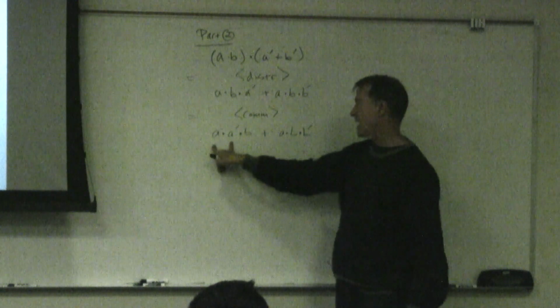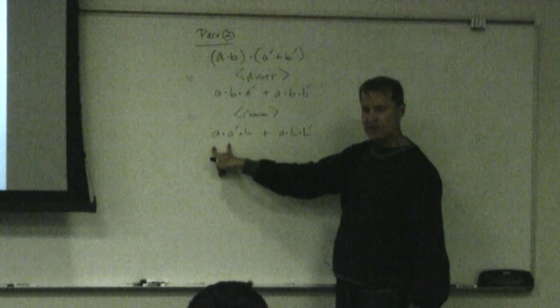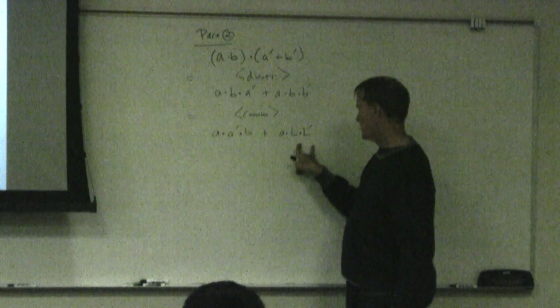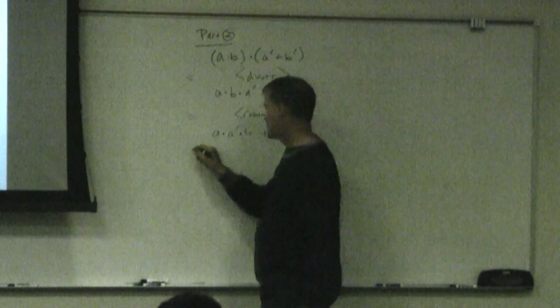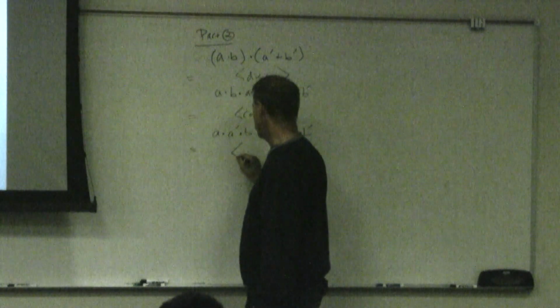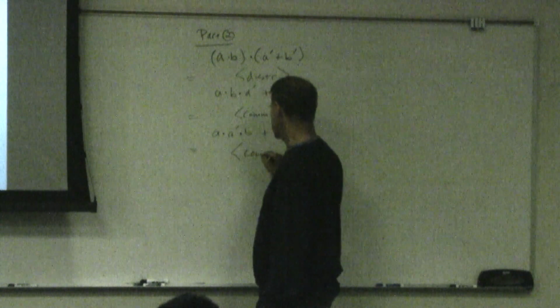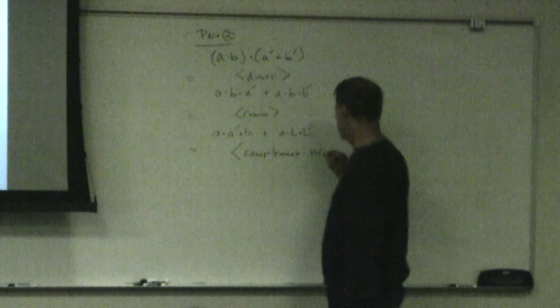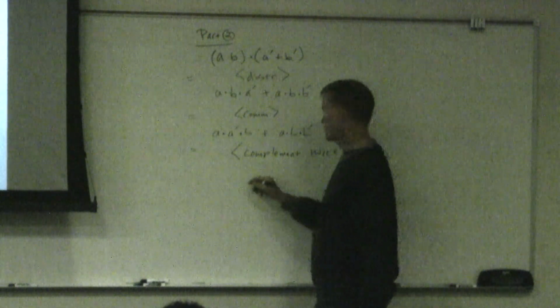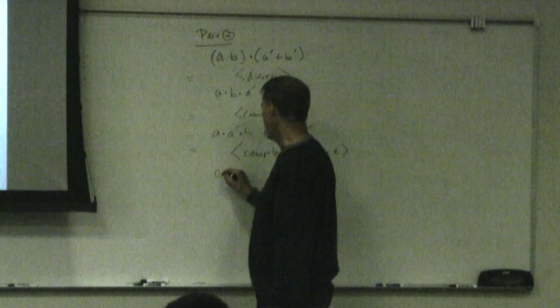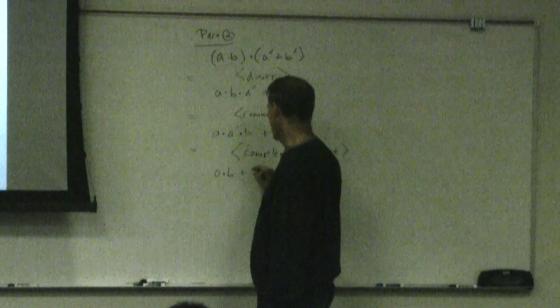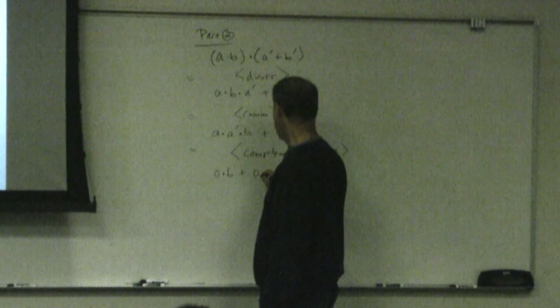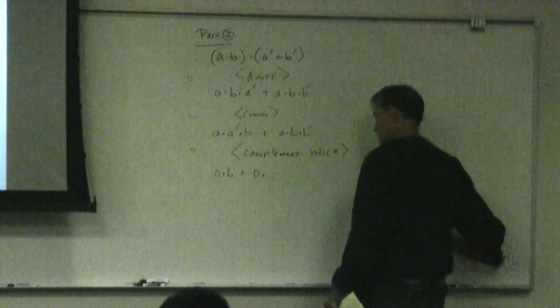And now we know that A and A prime is 0, and we also know that B and B prime is 0. So this equals, by the complement twice, 0 and B, or A and 0.